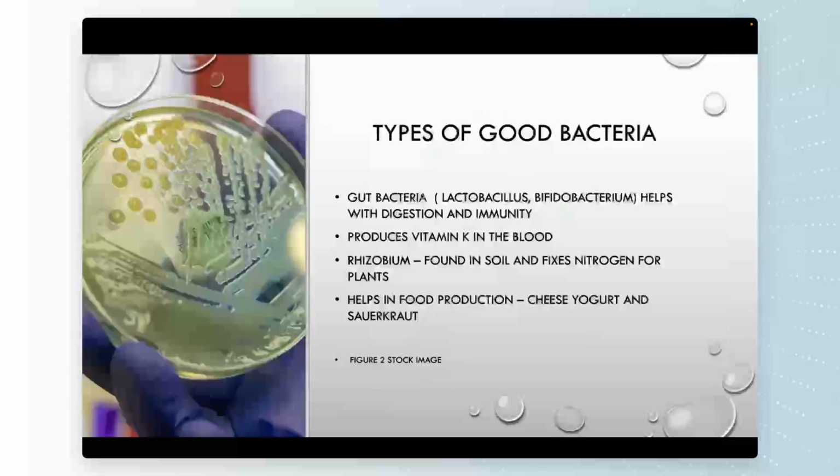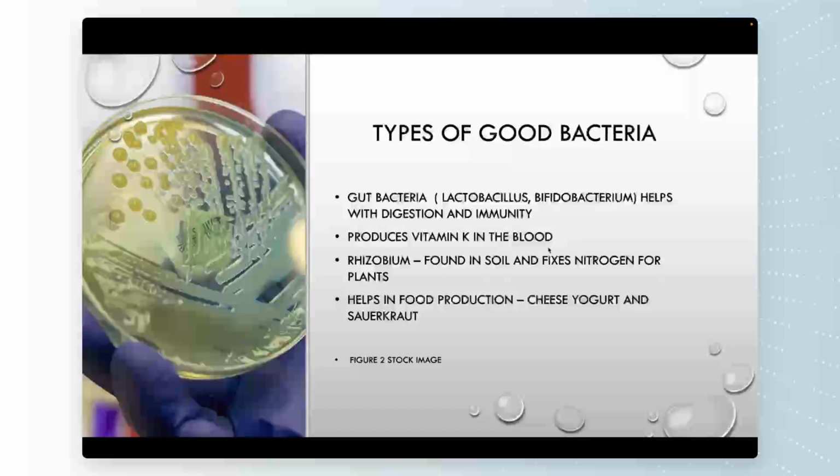Let's look at some good types of bacteria. Many bacteria help us survive. For example, in our intestines, bacteria such as Lactobacillus and Bifidobacterium help us digest complex foods and help us produce vitamins such as vitamin K. Without these bacteria, our digestive system wouldn't function properly.